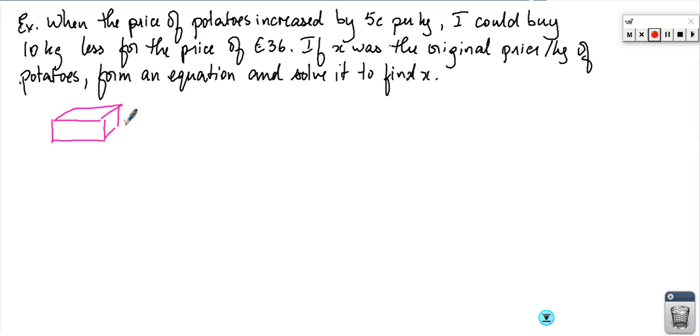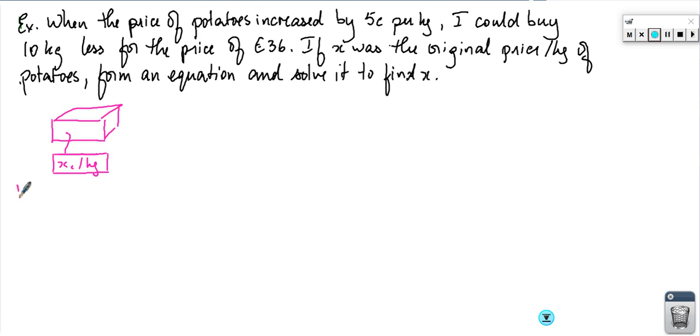What do I know? I know that when I usually go to the grocer, I read that it costs x cents per kilogram. So if I have 36 euros and it costs x cents per kilogram, how many kilos do I buy with 36 euros?